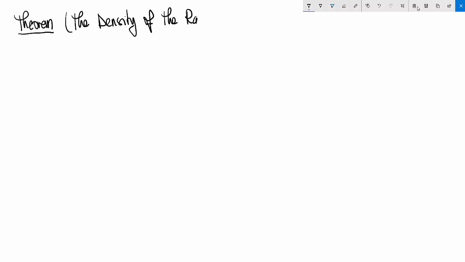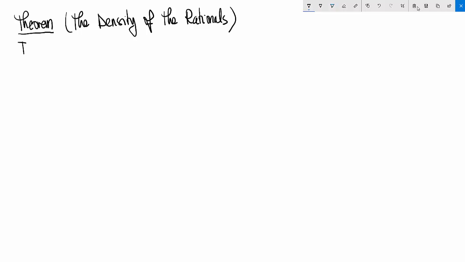Okay, so the next direct consequence of the completeness axiom is the density of the rationals. So, theorem: the density of the rationals. Let me state this result, and I'll give you a little bit of insight behind this theorem.